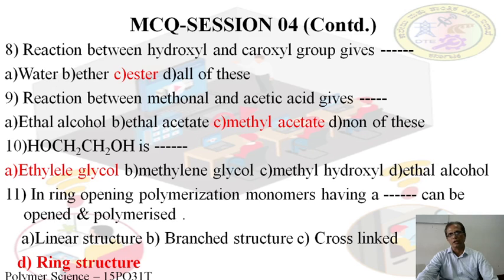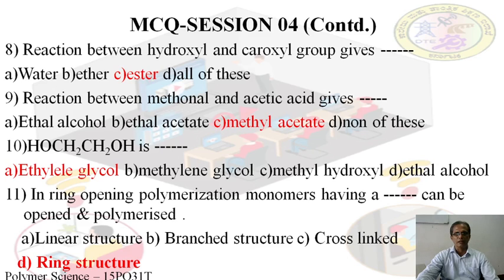Water, ether, ester, all of these. It gives ester. Reaction between hydroxyl and carboxyl group is ester formation. Question 9. Reaction between methanol and acetic acid gives us dash. Methyl acetate is going to form.